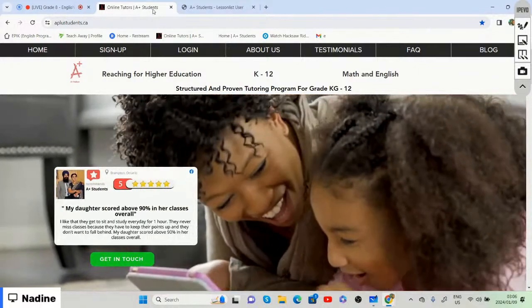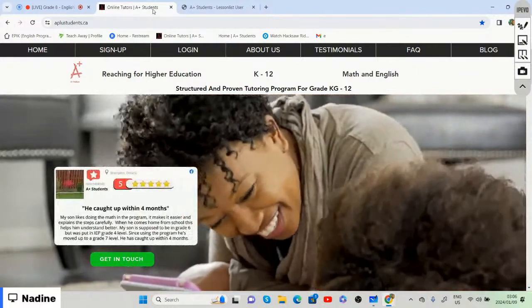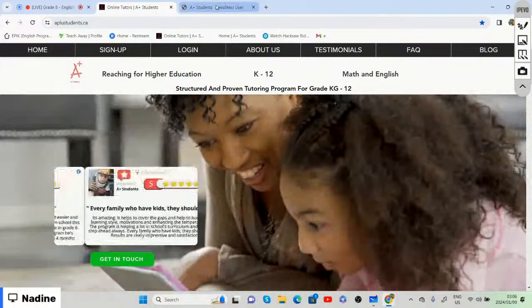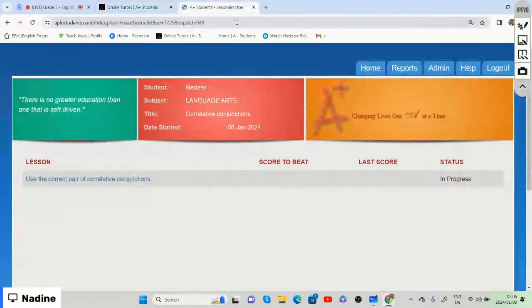Then we're going to scroll down until we get to the chapter of correlative conjunctions.